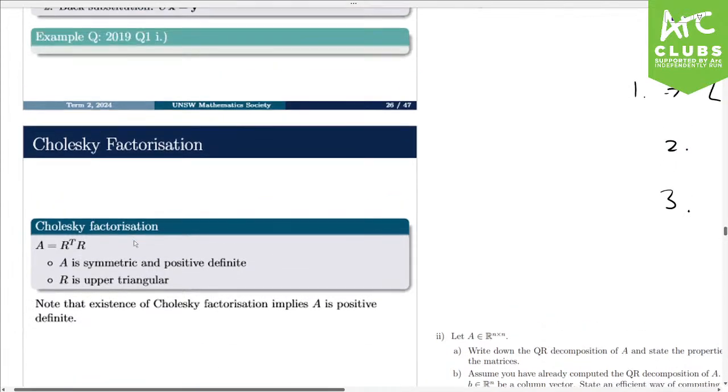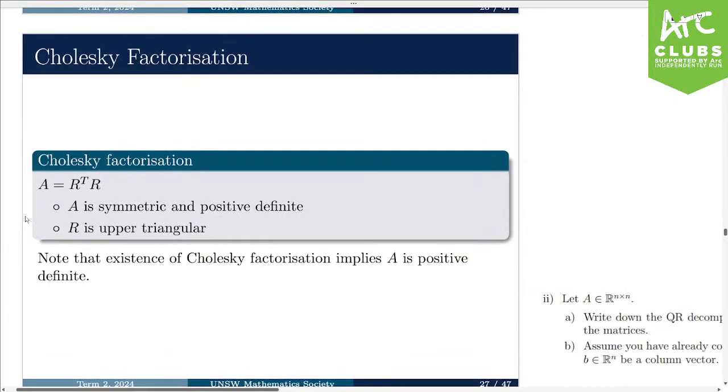Okay, next factorization is Cholesky factorization. So this is decomposing a symmetric positive definite matrix into an upper triangular matrix, the transpose of it times itself.